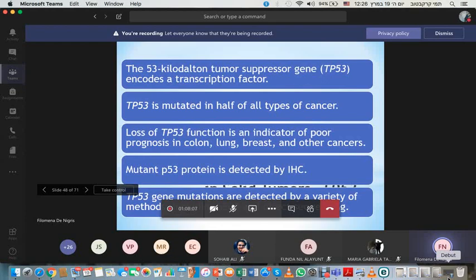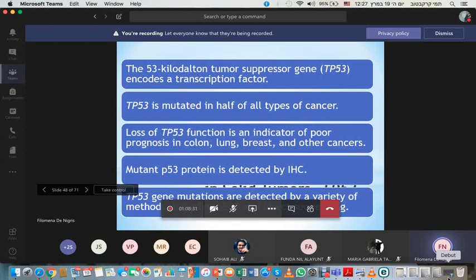P53 is important to monitor by immunohistochemistry because it gives you more information about the stage of the tumor. Is it very aggressive or not? Of course, P53 is not diagnostic because it always increases in tumors.